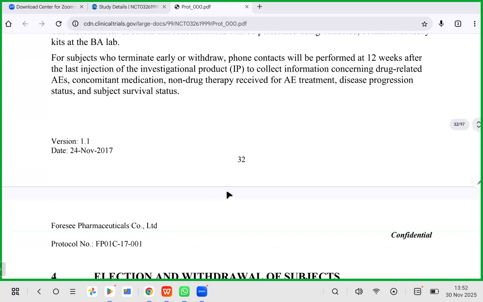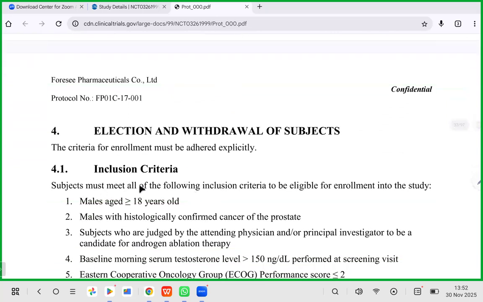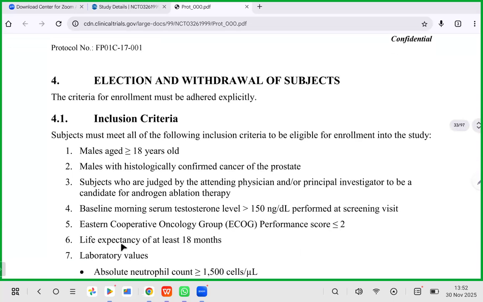In the protocol, all the planning information will be there, and there will be inclusion criteria for the trial. Only participants older than 18 years will be eligible to participate. Males with histologically confirmed cancer will be enrolled, and the testosterone level should be greater than 150.